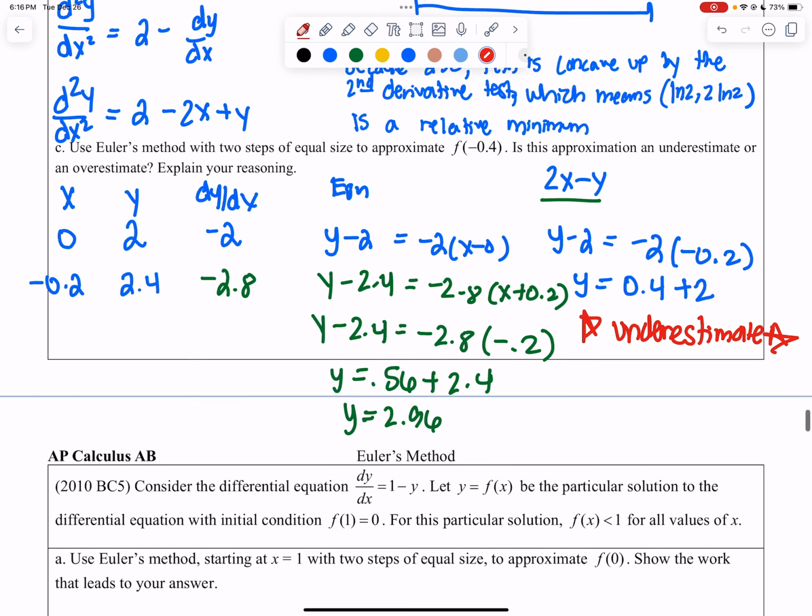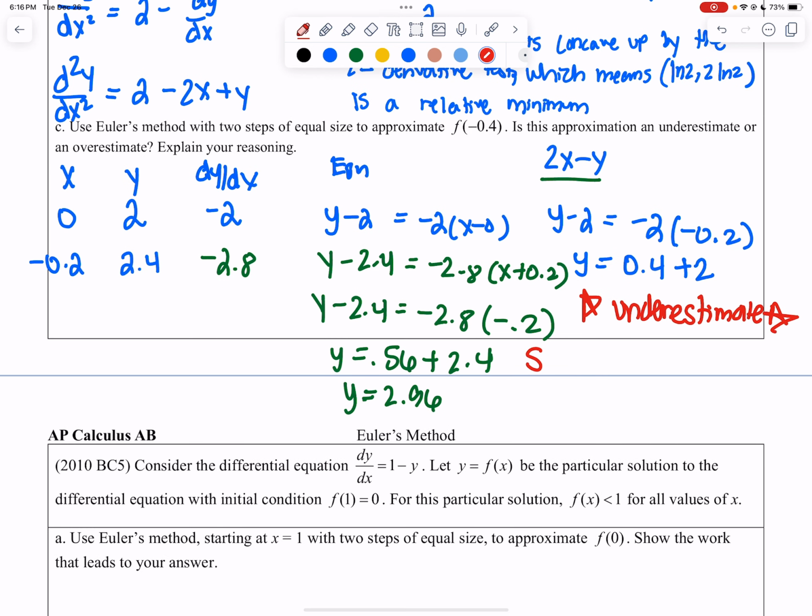And how do we know this? Because the tangent line is below the graph of f of x.